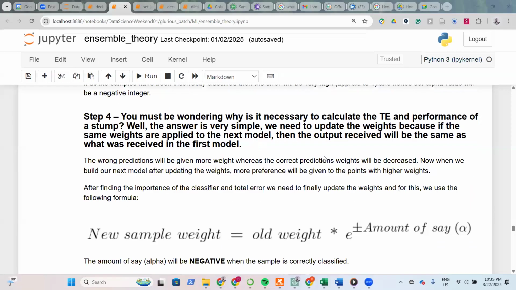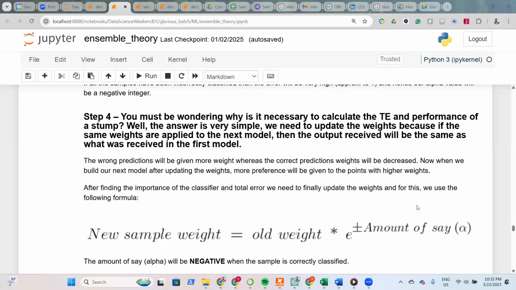I don't want to rush, because when I illustrate this and go down, you will see where alpha comes in. Just call it amount of say. Let's go down. I'm going to come back to it so that we don't get it twisted. Let's just say amount of say, we call it alpha.